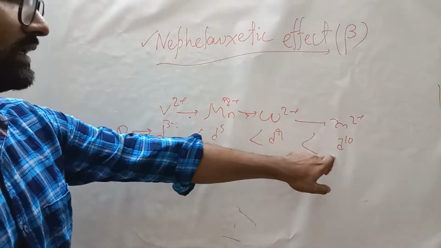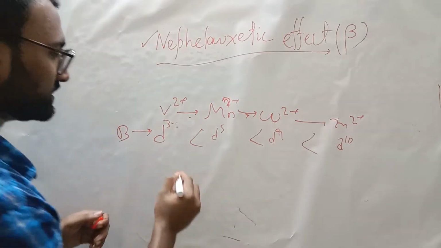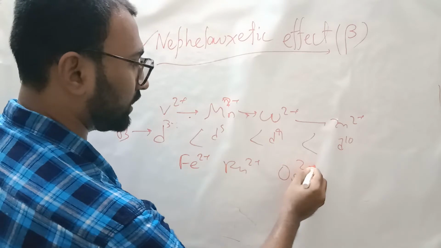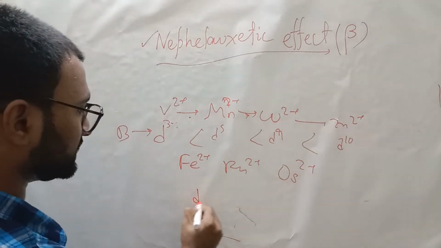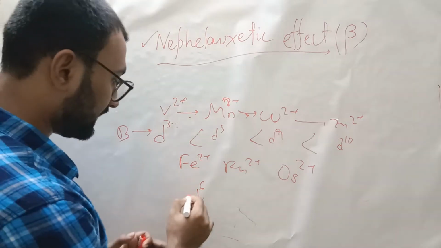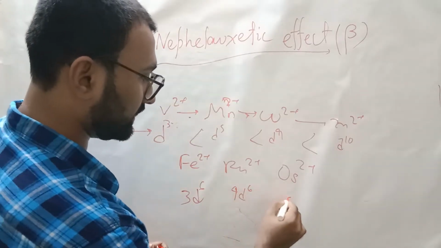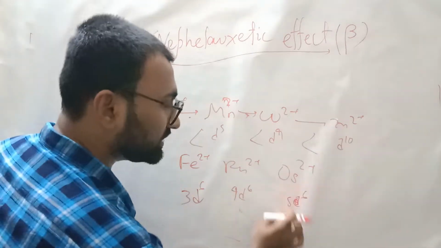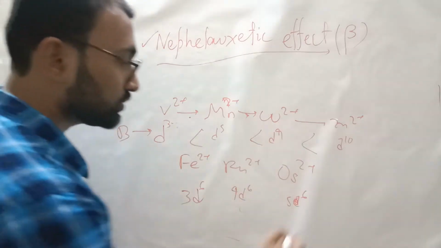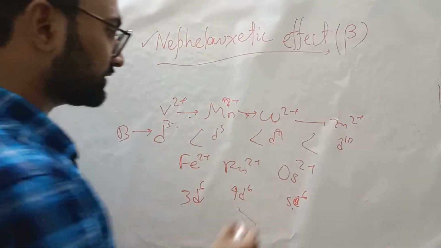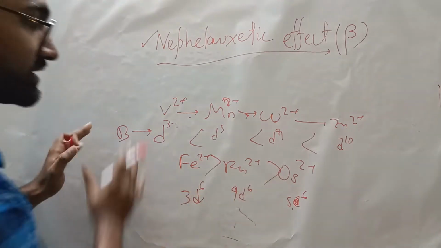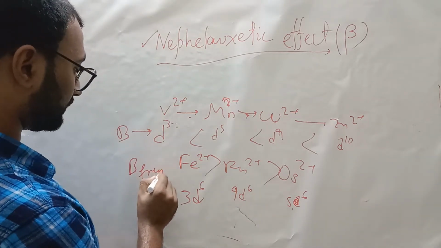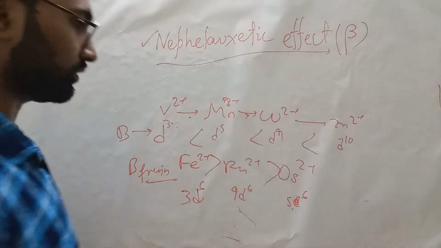Now if we consider iron, ruthenium, and osmium, they have the same number of electrons, d6, but here it is 3d, here 4d, and here 5d. As we go down the group, the d orbital becomes more diffuse, so the electronic repulsion diminishes, and the B value will be in this order. These are all in free form, no ligands, so these are the B of the free ion. Understood?